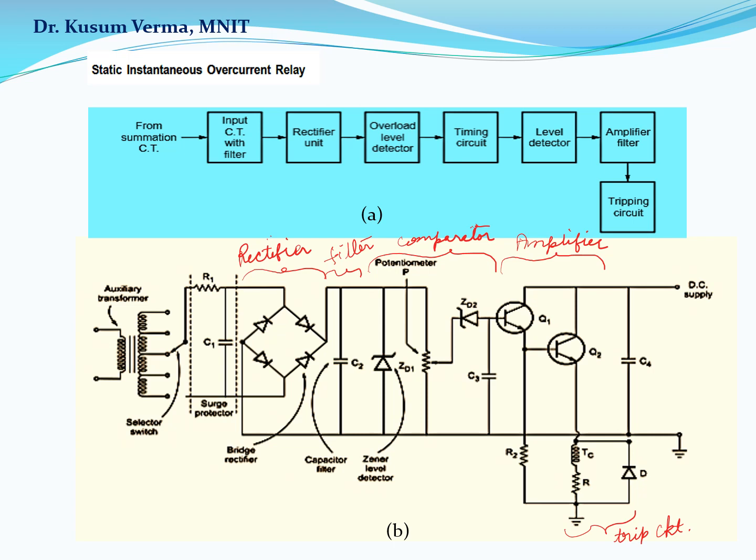This will energize the trip coil TC of the relay. When the trip coil opens, it develops high reverse voltage, also known as back EMF. To protect the transistor Q2 from such a high back EMF, a diode D is connected across the trip coil. With the help of potentiometer P, different pickup values can be obtained.